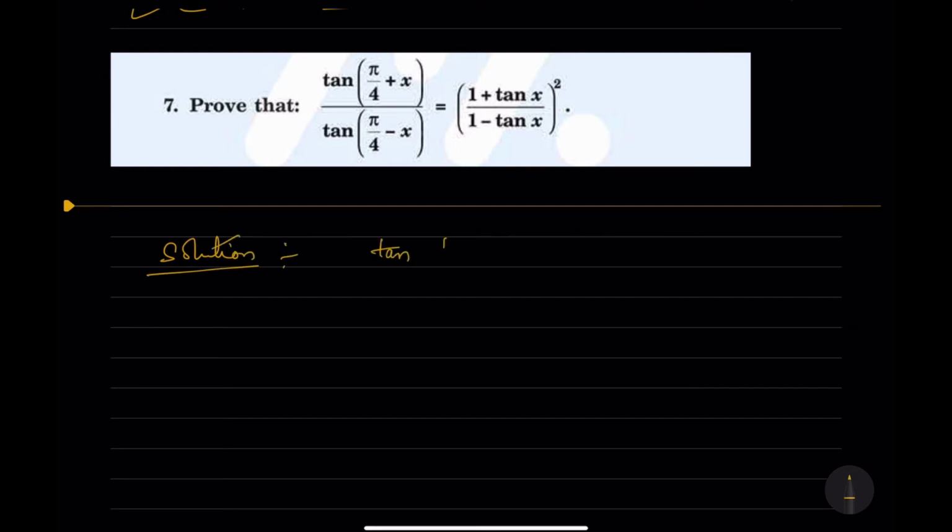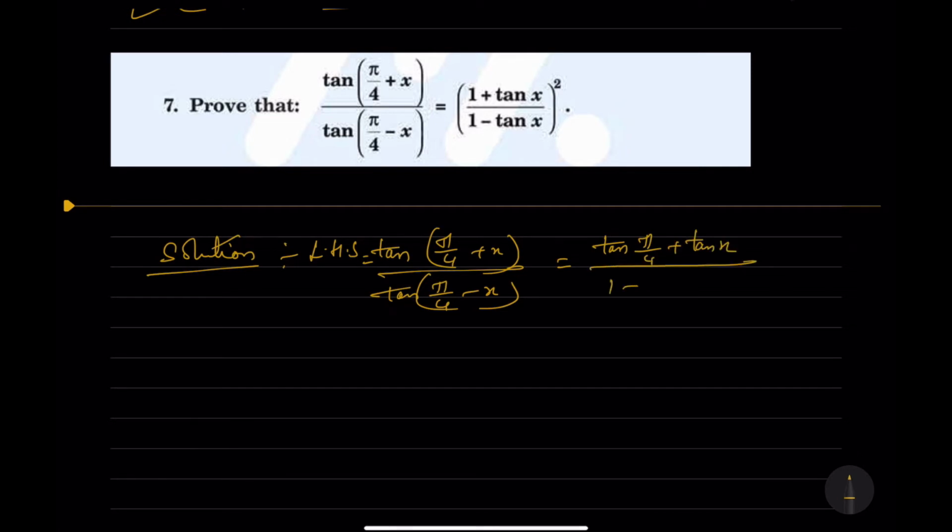Now we'll expand tan(a+b) using the tan(a+b) formula. What is tan(π/4 + x) by tan(π/4 − x)? Here you can write tan(a+b) = (tan a + tan b) / (1 − tan a tan b).